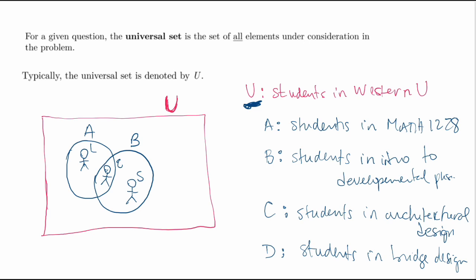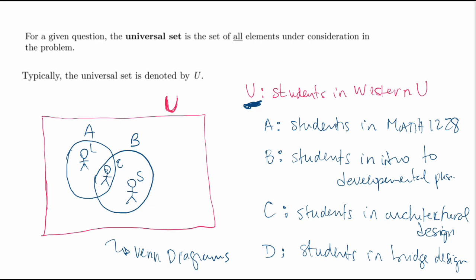Colin is a student in Math 1228 and in developmental psychology. Okay, so these kinds of representations are very nice, and we call them Venn diagrams, where you can represent, inside of a universal set, all the sets that you are studying.